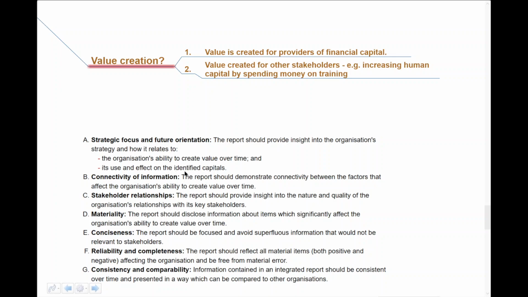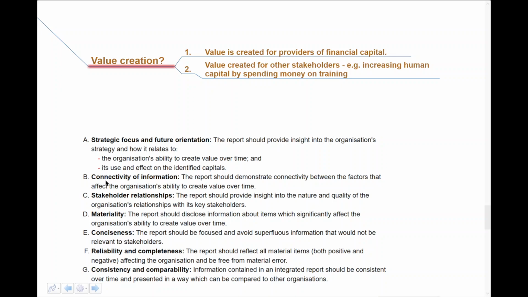And indeed, it needs to be very specific on the use of the capitals. The capitals are, all 6 of them, pretty comprehensive. I can't think of anything that a business, an organization, would impact upon outside of those 6 capitals. So let's be specific in the report.